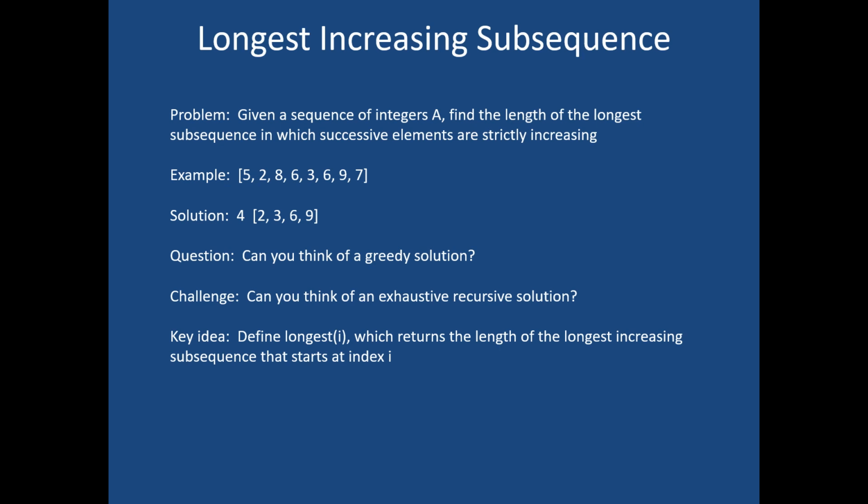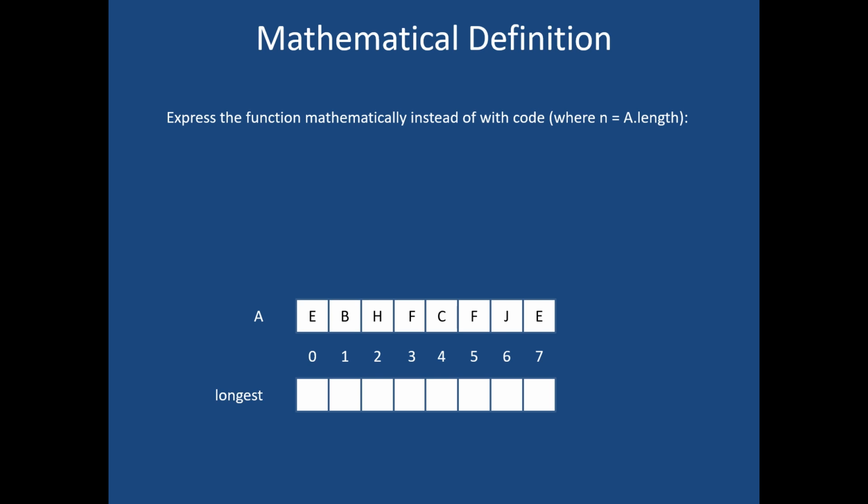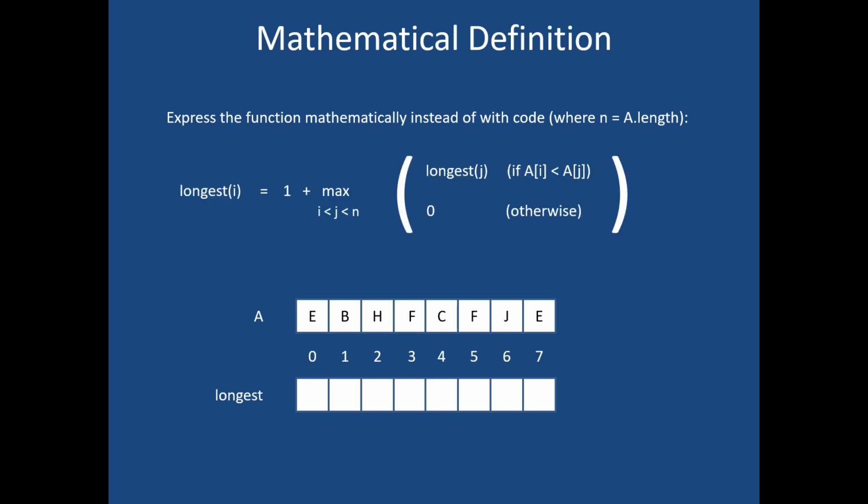So that's the idea. Now, if you computed longest of i, how would you find the overall answer to the problem? Suppose you computed longest of i for each index. Just find the greatest one. You look for the largest number in that array, and that would be the answer. All right, so that's a key idea. So here's the idea.